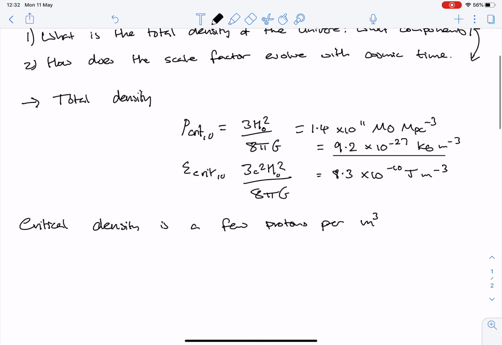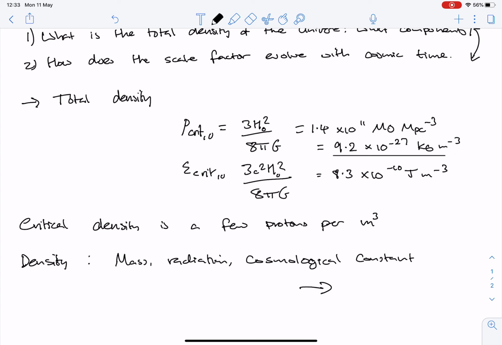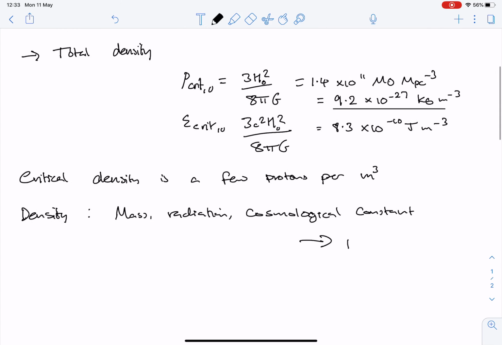So the first task for us to do is to add up the density, and this is now energy density, in all the things you can think of. So in mass, in radiation, in cosmological constant, and that will give us our total energy density.